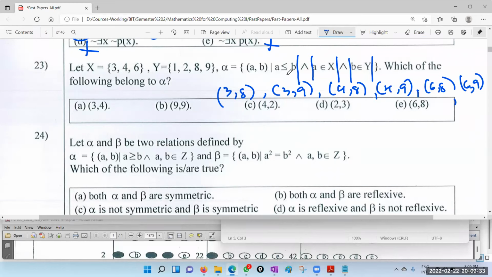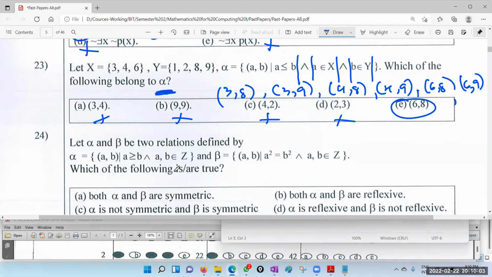So the answer must be which of the following belong to alpha? 3 4, no, 3 4 is not there. Anyway, 4 is not here. 9 9, no, because the first one must be from here, the second one must be from here also. 4 2, no. 2 3, no. 6 8, yes.